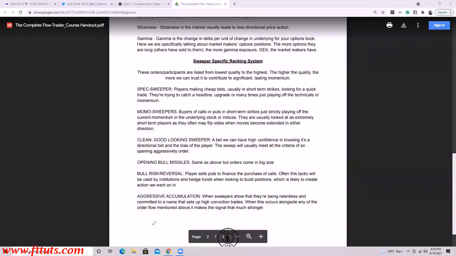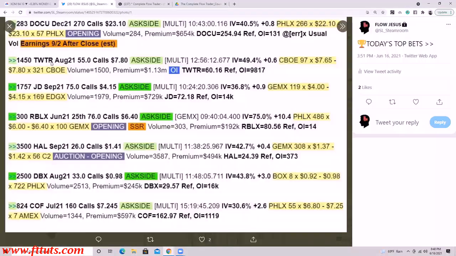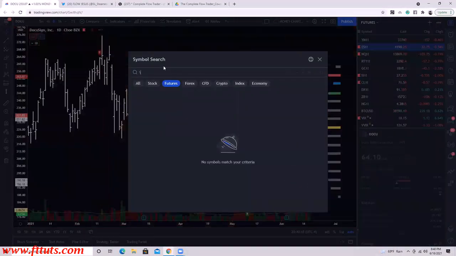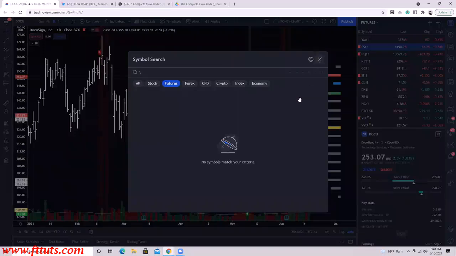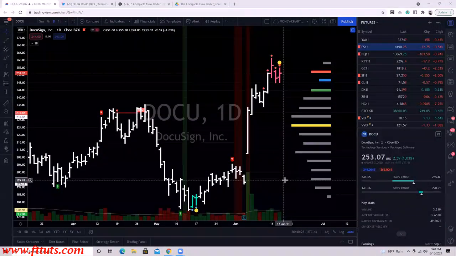I'm going to ask, somebody asked the question in chat. It was a good one though, just so they understand. And again, we're going to talk about all this stuff as we get through the course and we can dive into details. But like this Doku, okay, it's a clean bet. The problem that I have with it, right, is where it's coming in, okay? So we saw some Doku leap activity.